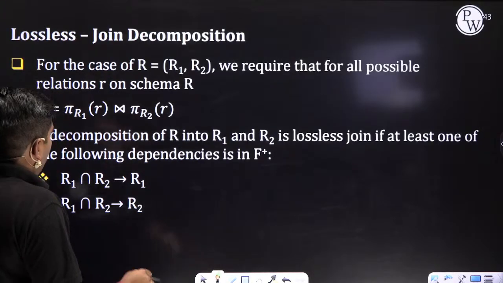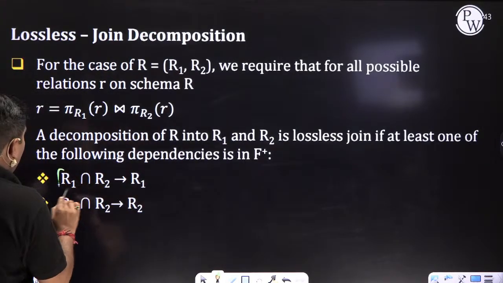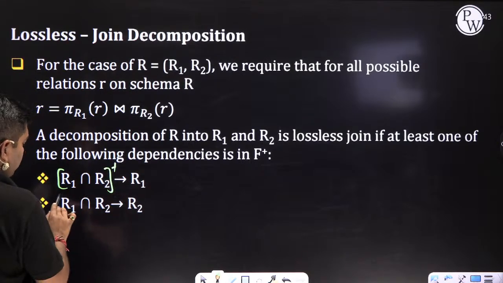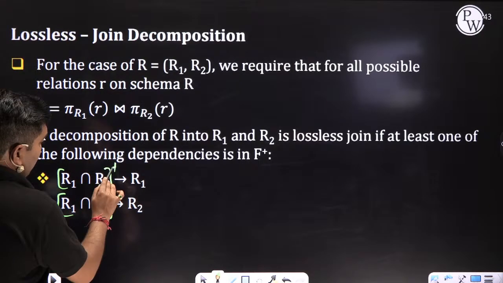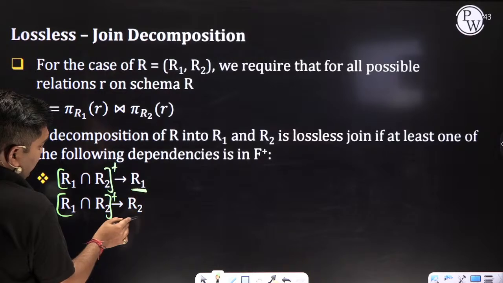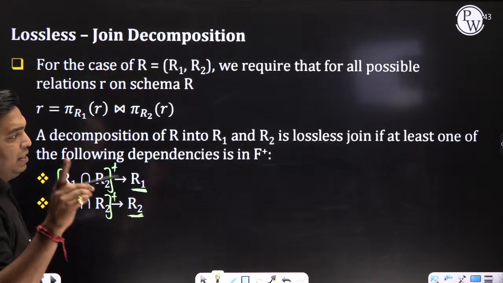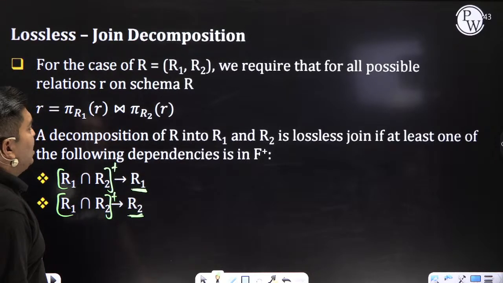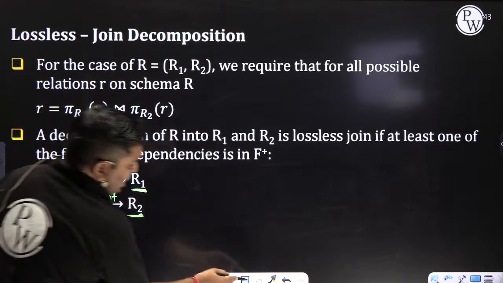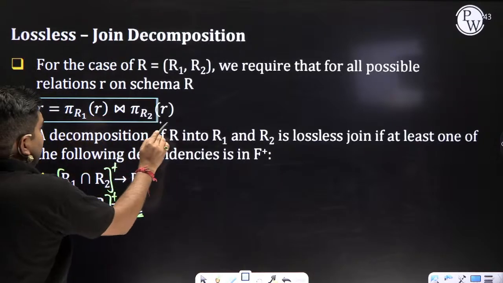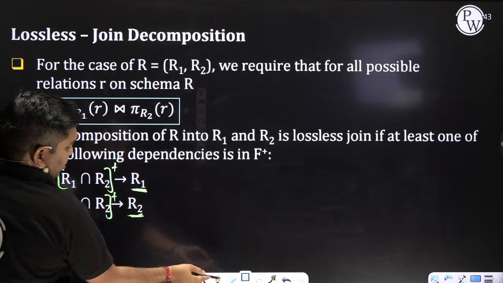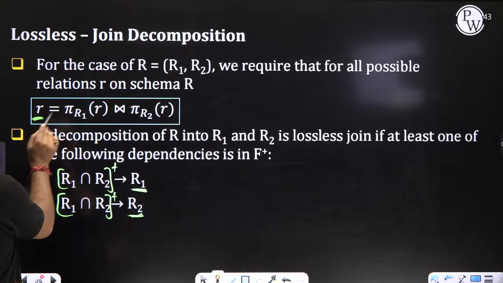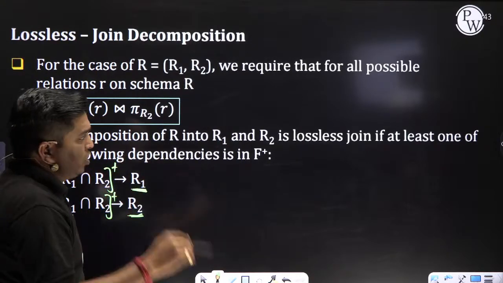So when you take the closure, if you get either R1 completely or R2 completely, then it will be lossless. Or, the tabular method I told you yesterday: with the help of data, when you join, if you get the exact relation tuples, then it will be lossless.